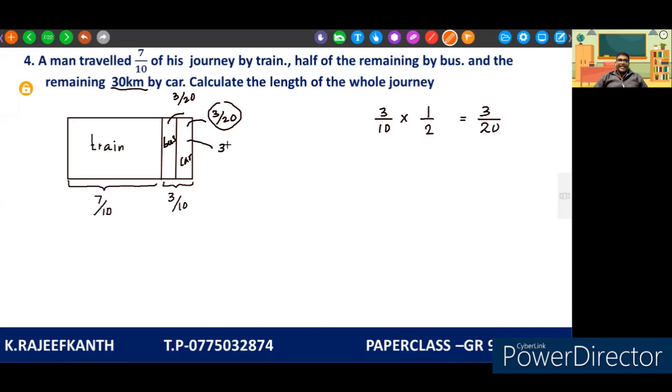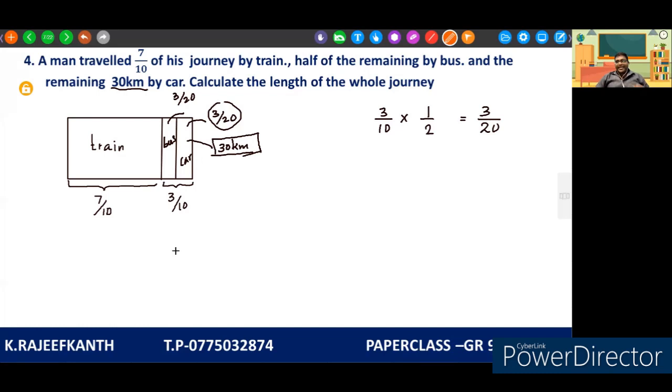That is 30 kilometers. Right? Here we have expressed everything in fractions. But the last remaining portion they have given, that distance is 30 kilometers. So the question is, calculate the length of the whole journey. Now we have to find the whole journey.